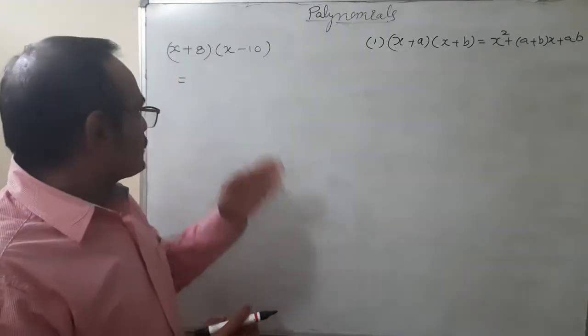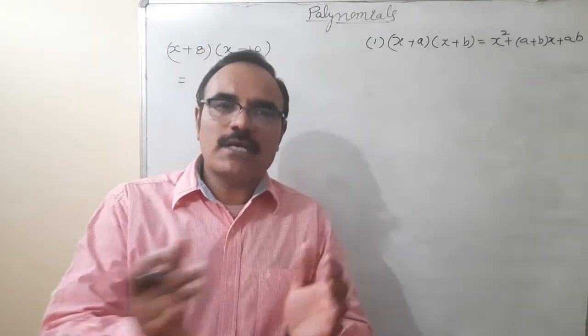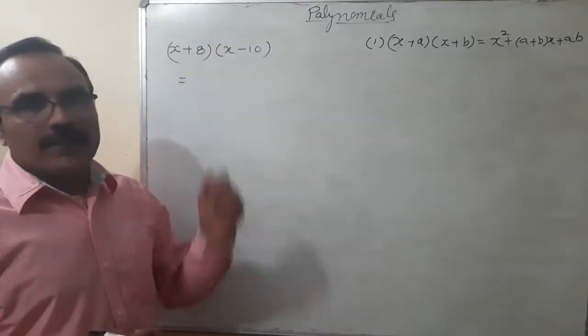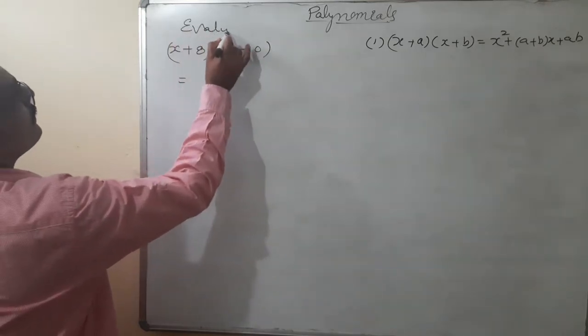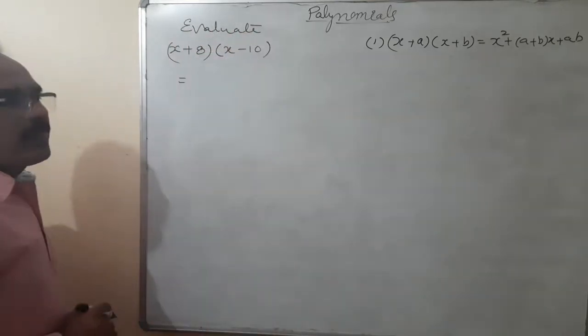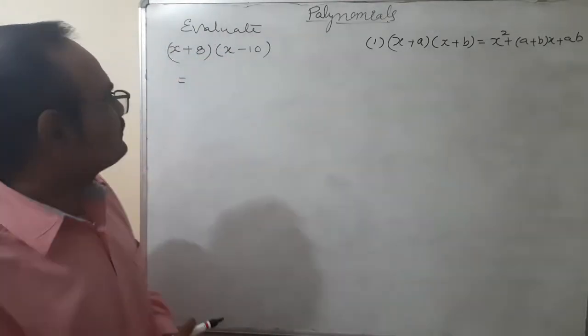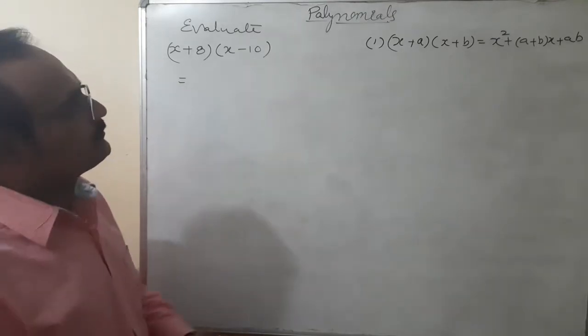Okay. So here factor term, what does it mean? That means the terms which are present in a bracket form is the factor term. So I want to evaluate it. The question is evaluate. Okay. Evaluate, that means we are going to expand it with the help of an identity. Okay. X plus 8, x minus 10.